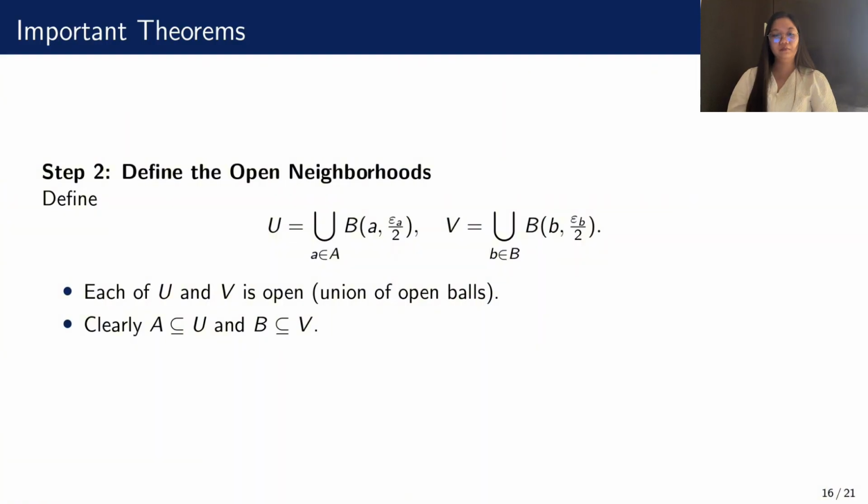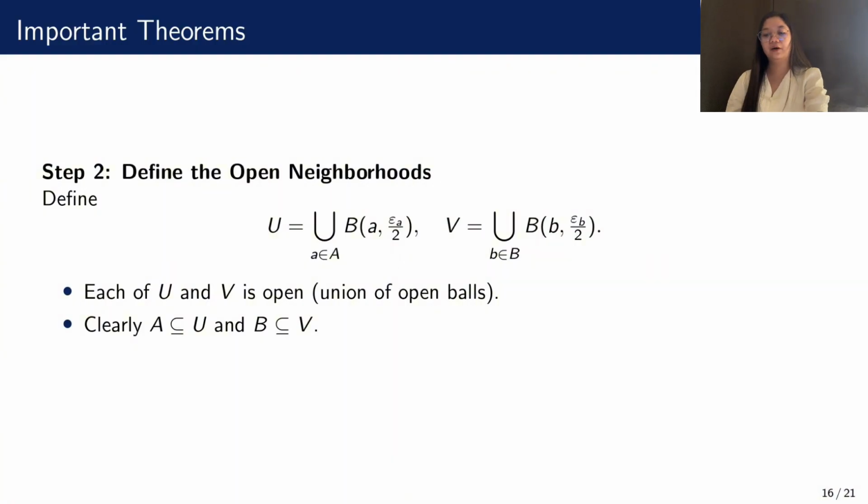Okay, so each of U and V is open, being a union of open balls. So clearly, A is a subset of U and B is a subset of V. Since each ball is open and the union of open sets is also open, both U and V are open.